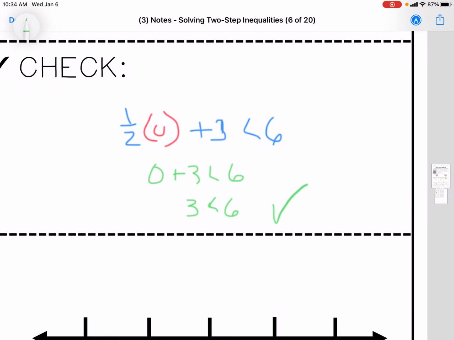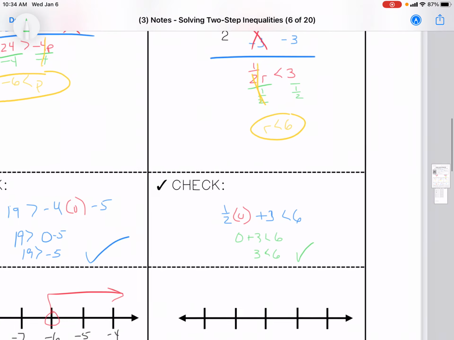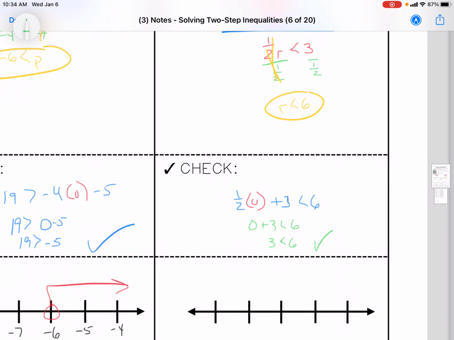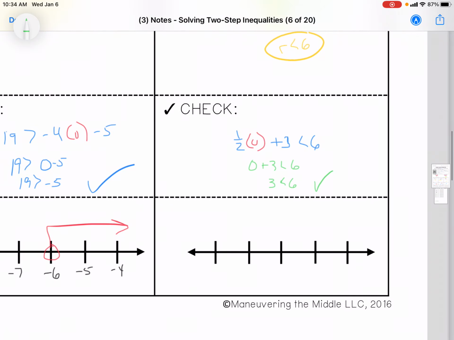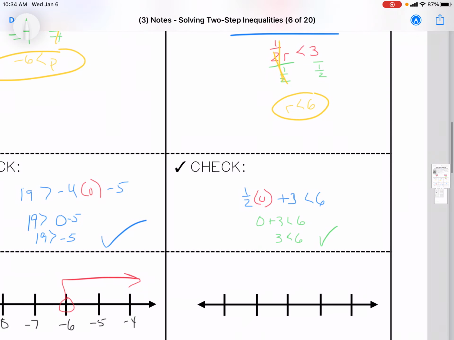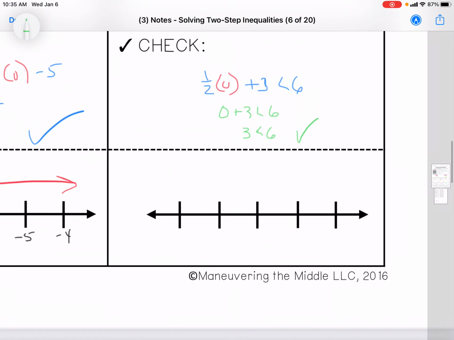Yes, it is. So my answer is right. You actually really need to choose the number right below it. So I would need to choose 5, but 0 is always easy too.